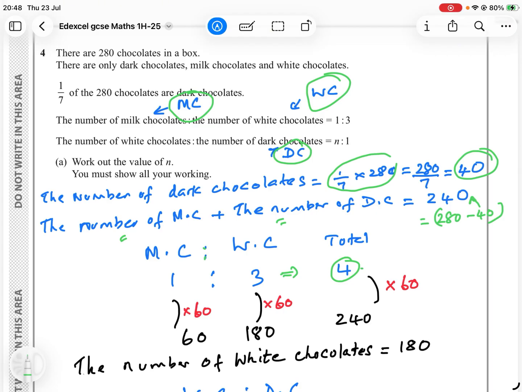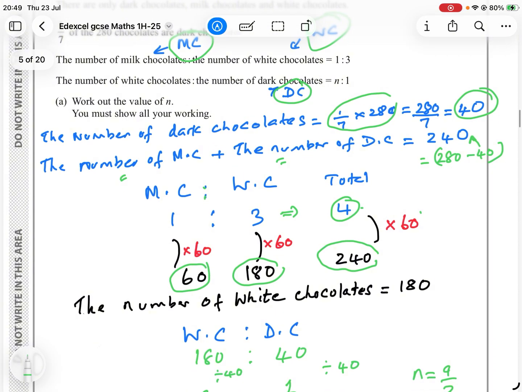In reality, you have milk chocolate and white chocolate totalling 240. That means 4 times 60 is 240. So the multiplier is 60. To maintain this ratio, you times by the multiplier: 3 times 60 is 180. So white chocolate is 180, milk chocolate is 1 times 60, which is 60.